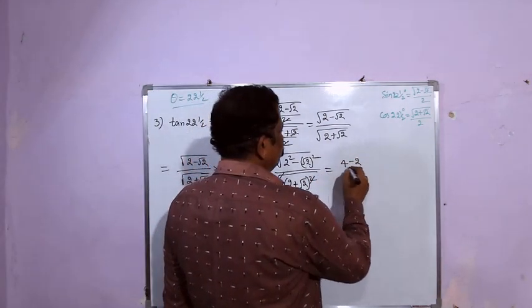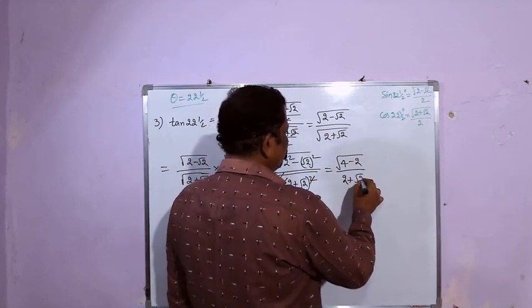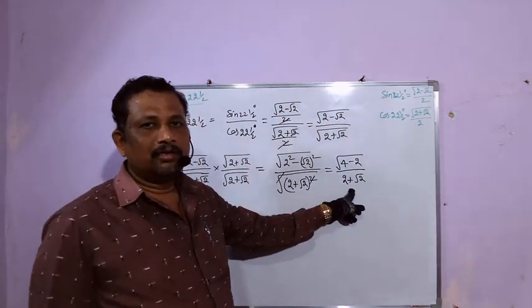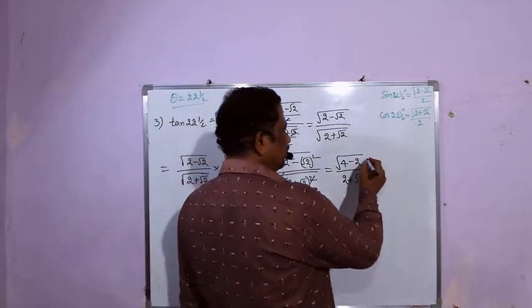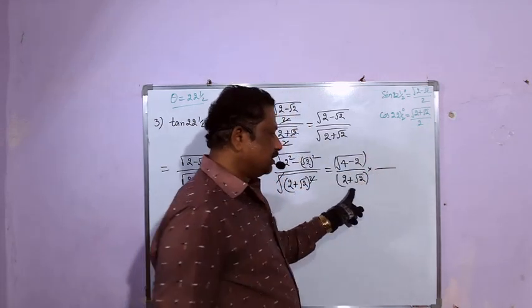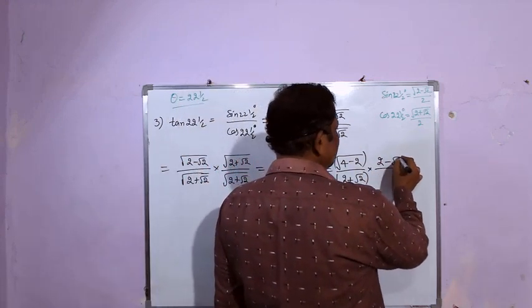What do we get here? 4 minus 2 under root, divided by 2 plus root 2 plus root 2. Now rationalize the denominator. To rationalize the denominator, numerator and denominator I am going to multiply with the rationalizing factor of 2 plus root 2, that is, the rationalizing factor is 2 minus root 2.